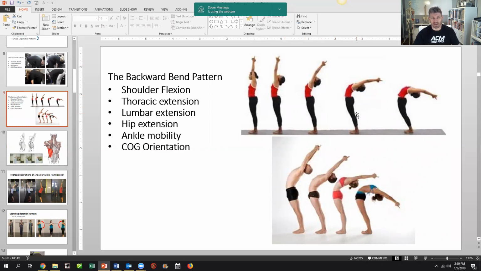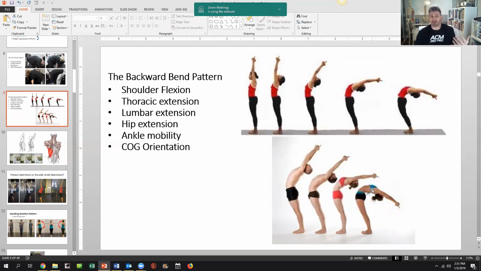If you don't find thoracic extension specifically, you can start predicting that you're going to find some restrictions in that rotational pattern. So this lower picture shows those variations. Even though the girl at the very end in the blue suit looks like she's got crazy range of motion, if you really look at where she gets it, she's got good hip extension. I would give her a plus there. But if you look at the lumbar extension versus her thoracic compared to the girl up top, she's got most of that extension component coming from her thoracic back.